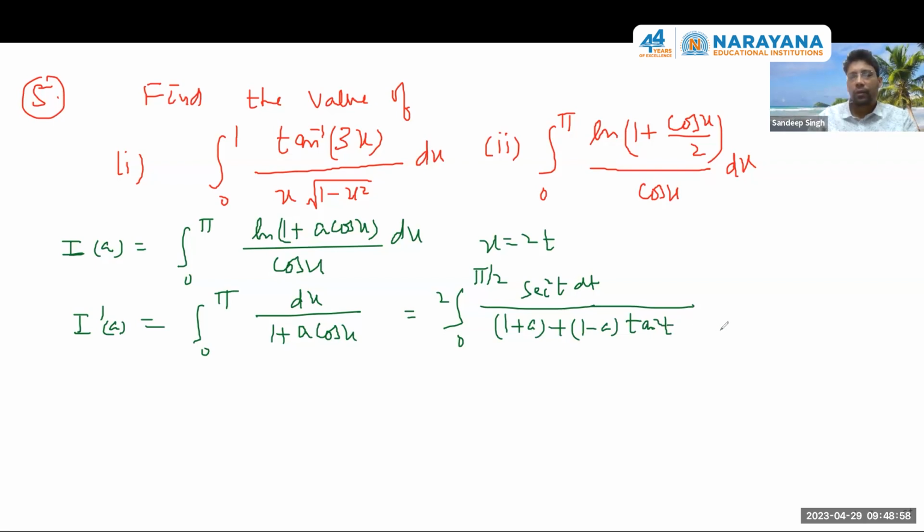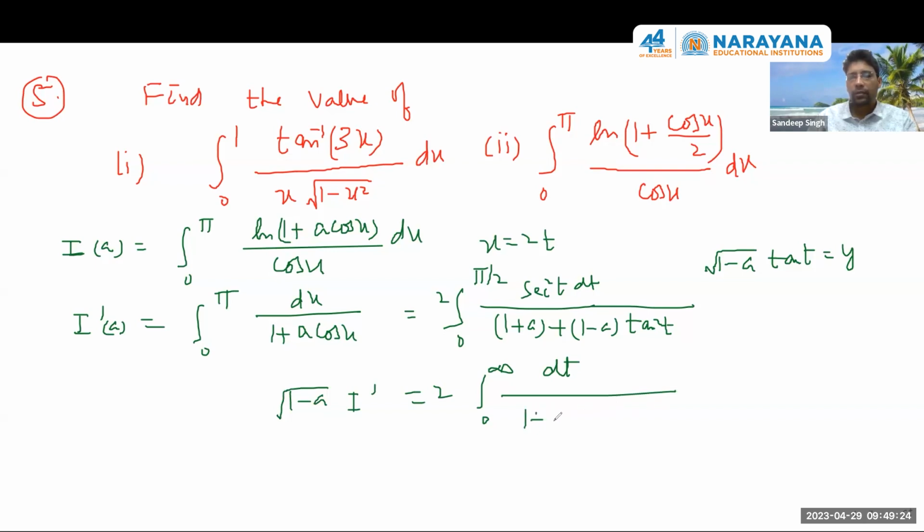So now I shall substitute under root 1 minus a, tan t equal to y. So this will again be 0 to infinity, dy divided by root of this whole, upon 1 plus a plus y square. So now you can do it. So this will be how much, depending on a?